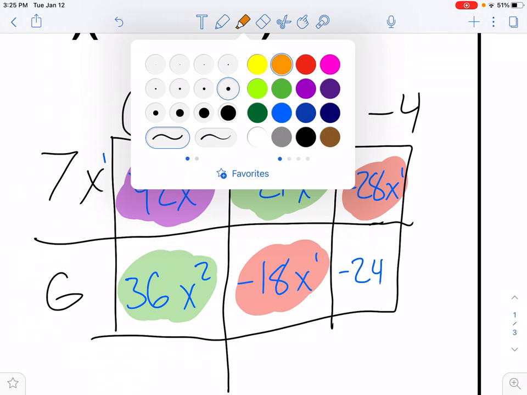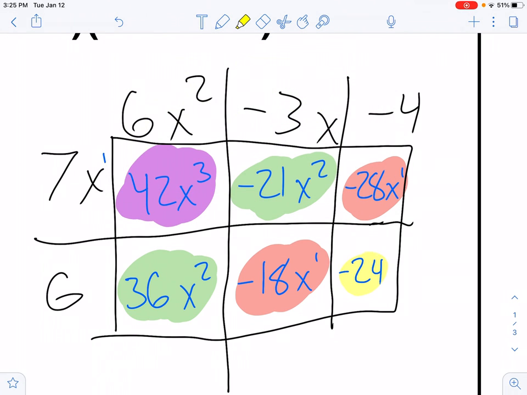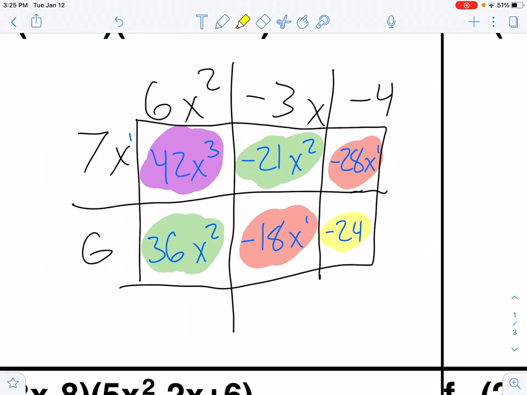Let's do something that looks different. Yellow, I guess. I rarely use yellow. Okay. So do you notice that our diagonals are like terms? And these guys don't have like terms.